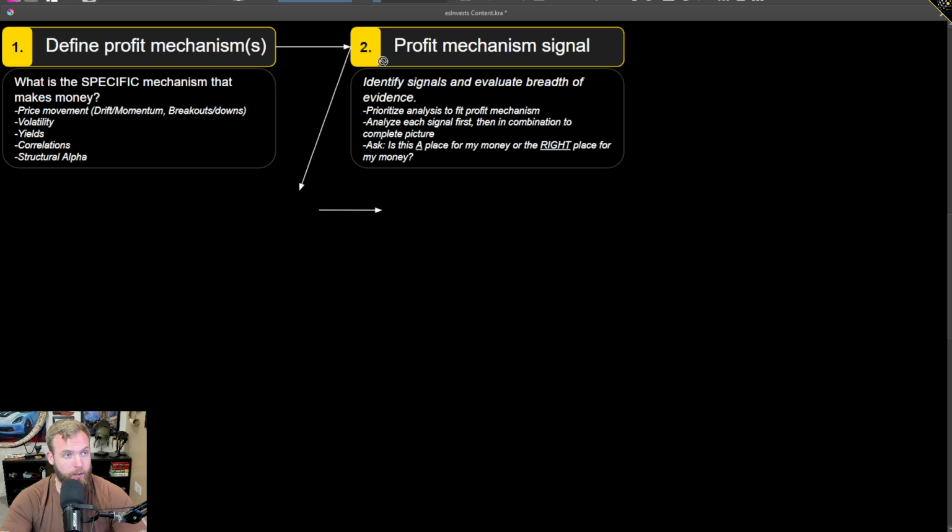Because it doesn't matter if I have a profit mechanism direction up, I have signals that help me see it perceivably. If I don't do that first, then it doesn't matter what option I select, what structure I use. If I don't have these in order first, then I'm out blind.